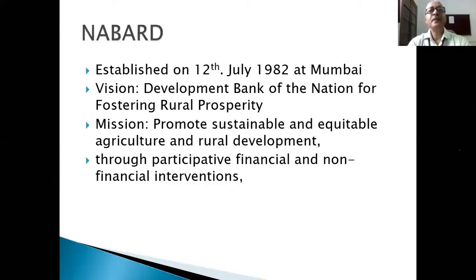Participative means NABARD believes essentially in the kind of planning that is done at the grassroots level. Means planning in a way by involving those for whom the plan is being prepared. So that is what we call participative intervention.